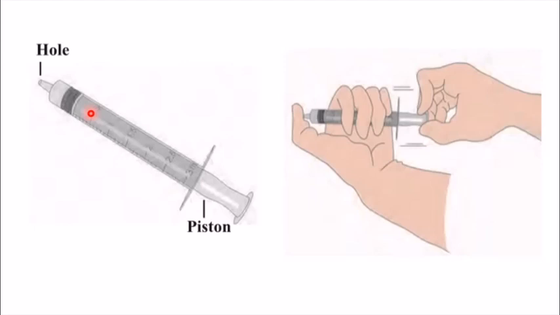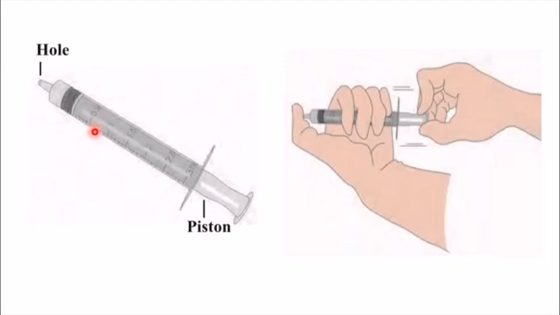So we take a syringe and pull the piston down. The air will come inside from this hole, and if you pull it till here, it will remain constant. If you pull it more, it will remain constant. If you release the piston, then it will remain constant at whatever place you release it.